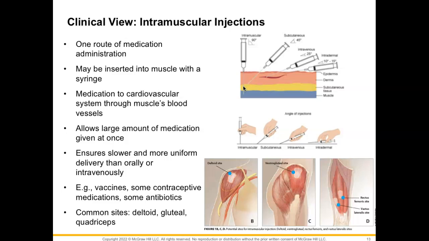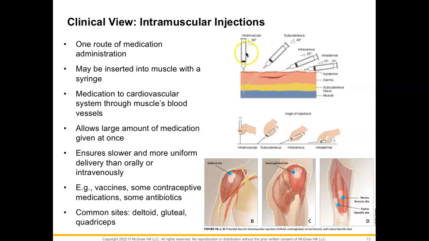We can also ensure a slower, more uniform delivery than oral or intravenously. So this is typically used for vaccines. For example, the COVID vaccine right now uses an intramuscular injection. Sometimes it is used for some contraceptive medications and some antibiotics as well.